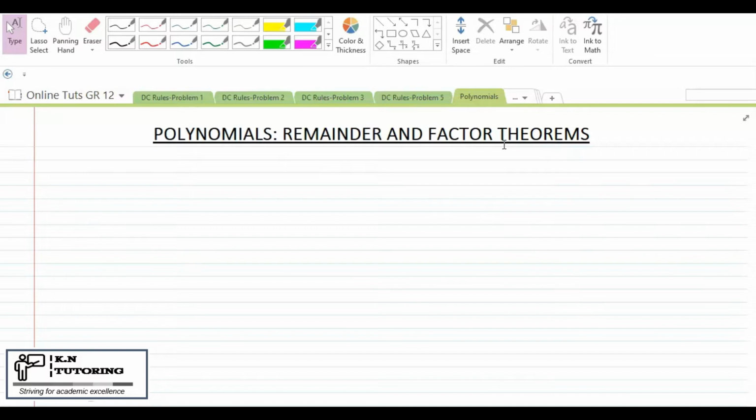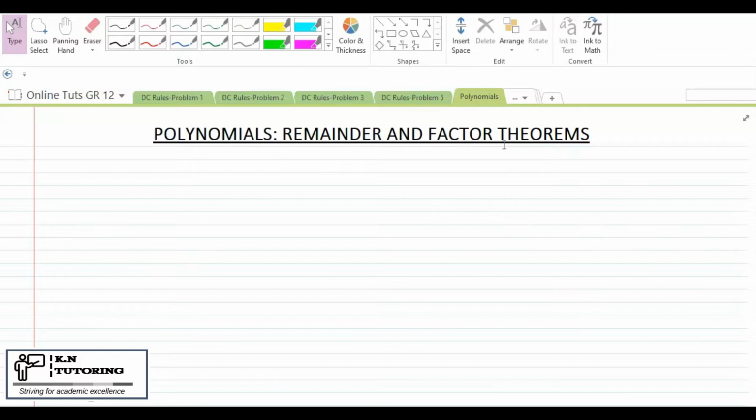You need to understand what these polynomials are all about, because when we start looking at sketching of graphs in the next lesson, you're going to need these theorems so that you can answer those problems.